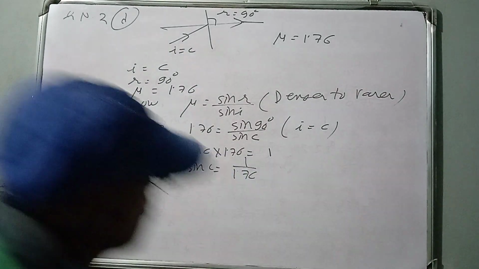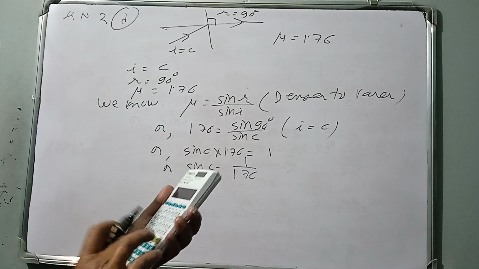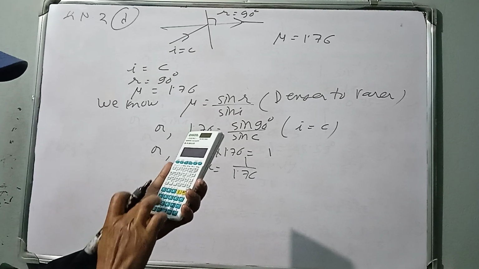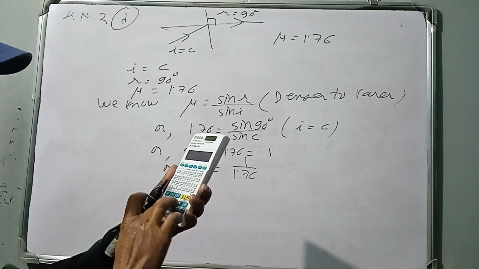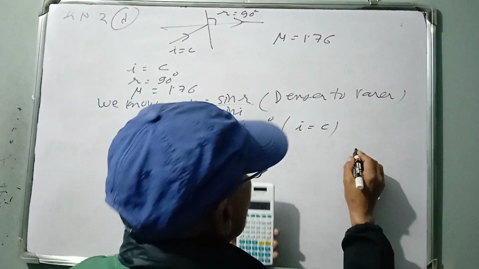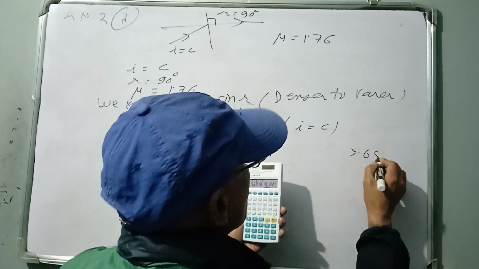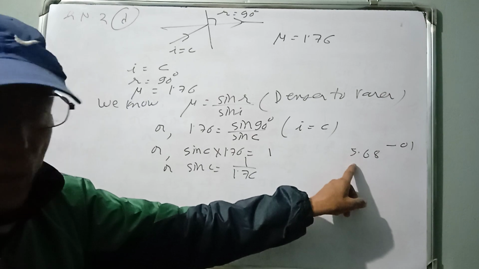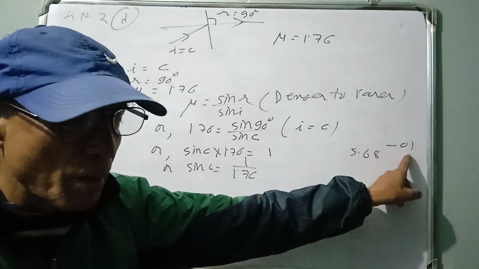Again, 1 upon 1.76, see, 1 divided by 1.76. Here you can see 5.68. You can see this, but is it correct? No, there is minus 1.